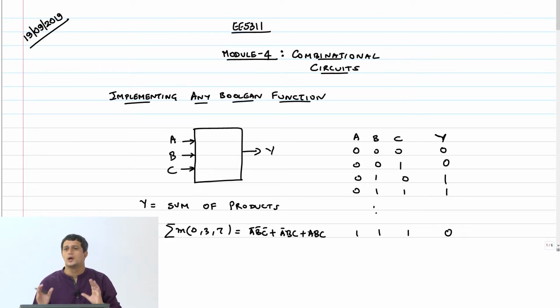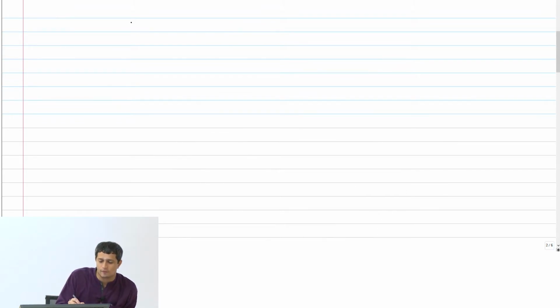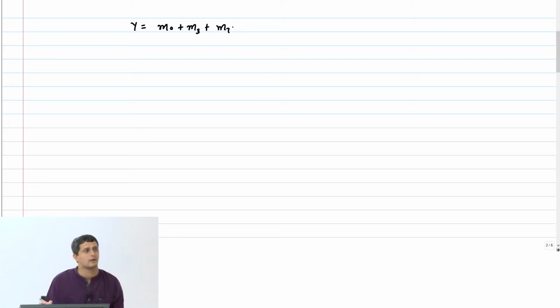Let's assume that you have simplified this whole thing and then you have some expression that you want to implement. So what does this sum of products mean, right? I have a min term 0 plus min term maybe 3 plus a min term 7. Each min term is a product of the inputs, like here it is A bar, B bar, C bar, right?